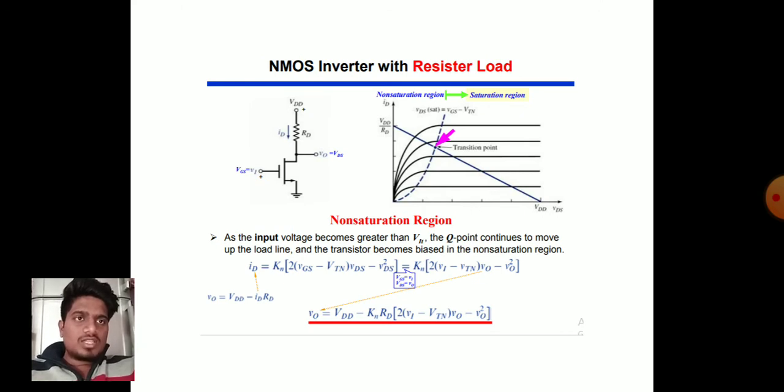NMOS inverter with resistor load in non-saturation region. As the input voltage becomes greater, the Q point continues to move up the load line and the transistor becomes biased in the non-saturation region, where V0 equals VDD minus Kn RD of 2 (Vi minus Vtn) V0 minus V0 square.